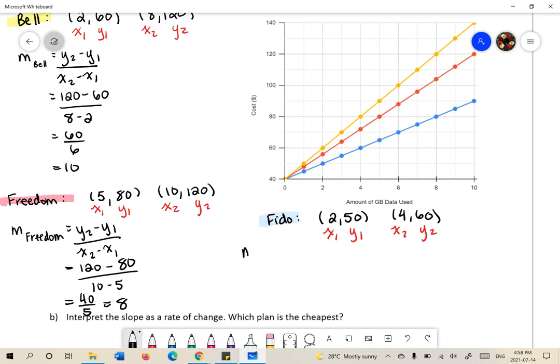The slope for Fido is equal to y2 minus y1 divided by x2 minus x1, which is equal to 60 subtract 50 divided by 4 minus 2, which is equal to 10 over 2, which can be reduced to a whole number, 5.